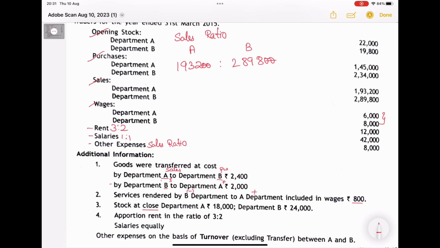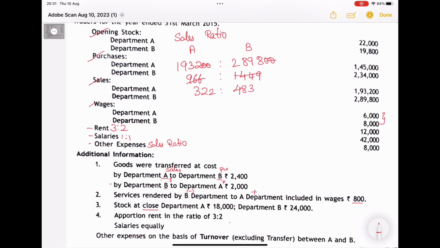If we reduce by 2, we get 966 is to 1449. If we reduce by 3, we get 322 is to 483.